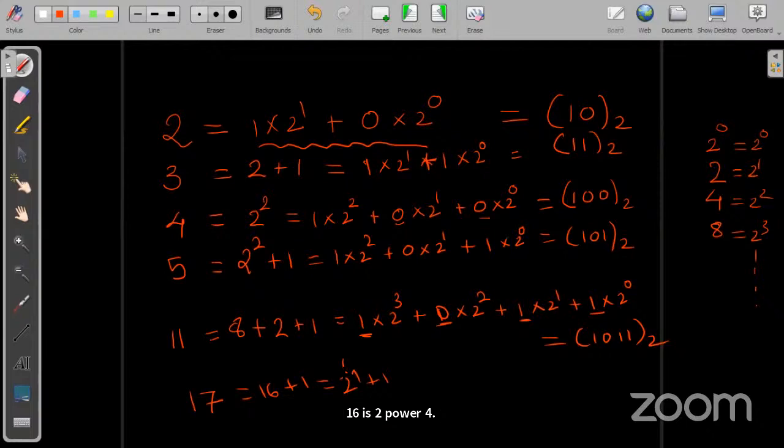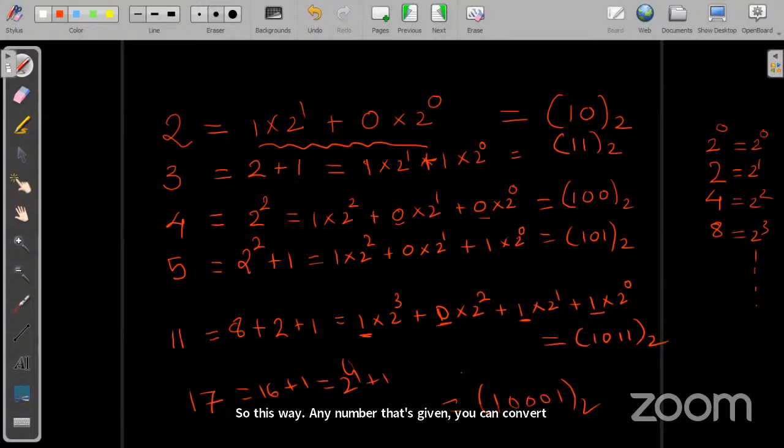So the coefficient of 2 power 4 is 1, the rest of them are 0, and the last is 1. That is correct. So this way, any number that is given, you can convert into a binary number.